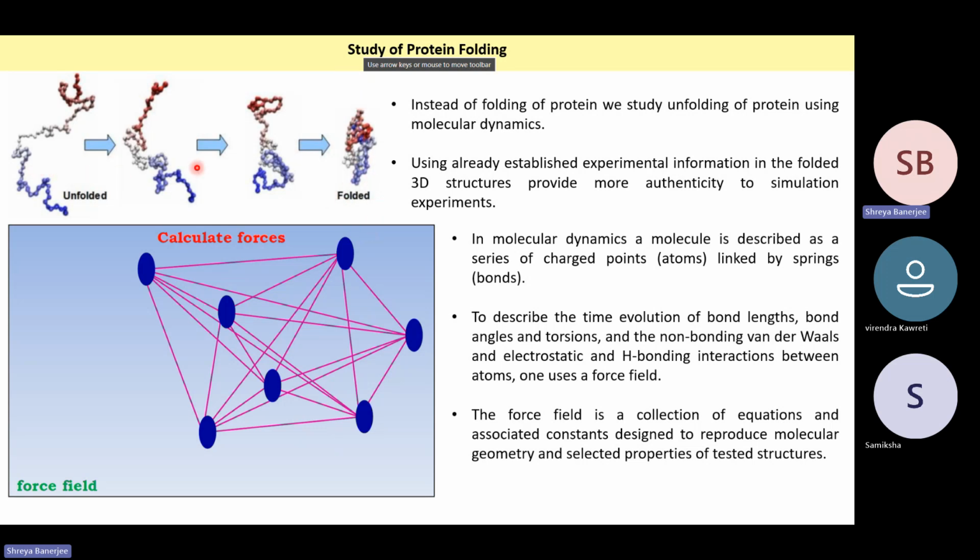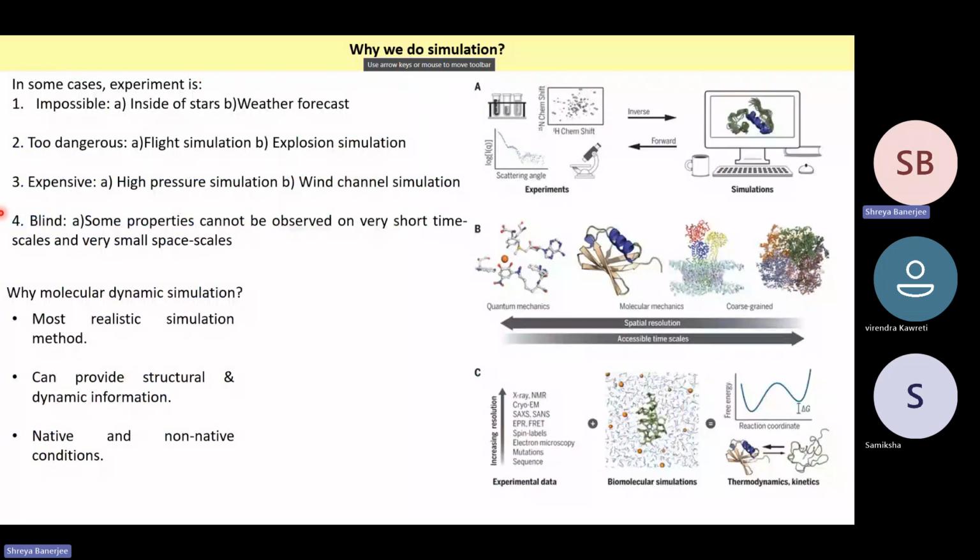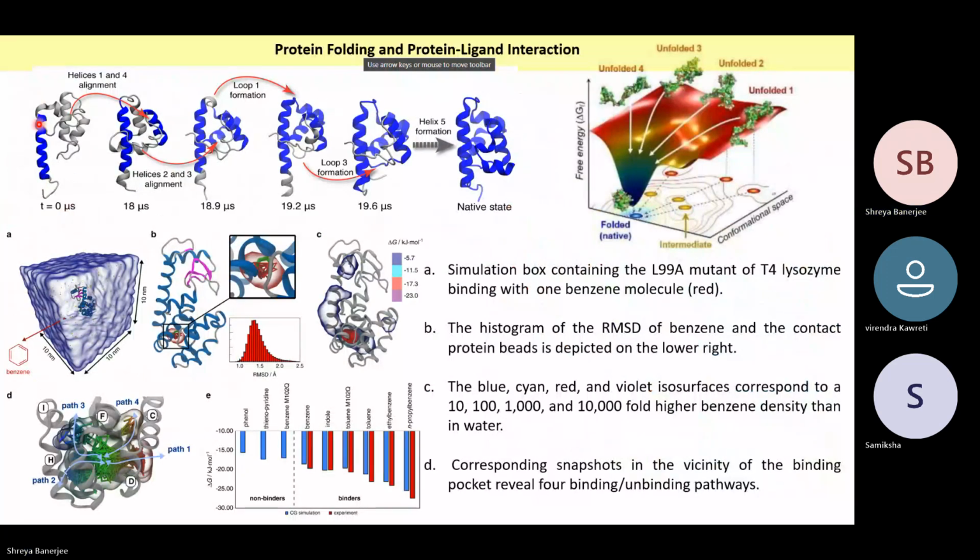While it is going from the completely unfolded state to the folded state, it will take different snapshots. This slide was there, going from unfolded to folded. At different time intervals, the program will take a snapshot of the structure of the partially folded protein. Looking at these snapshots, you can understand the folding pathway.